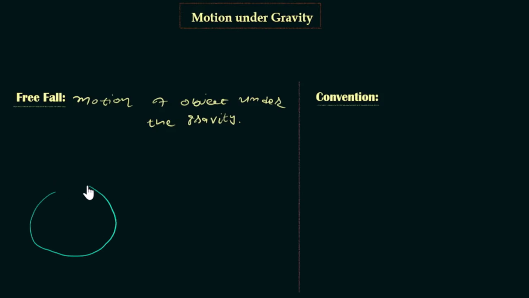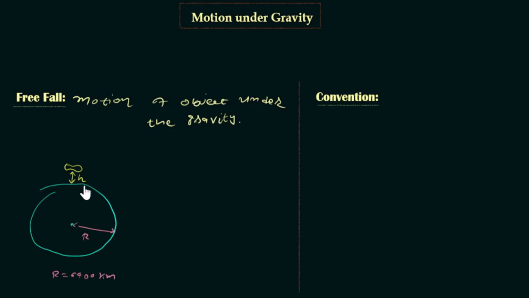Basically, we live on the Earth. So suppose this is the Earth, and this part is the radius of the Earth. The radius of the Earth is 6400 kilometers. Now let us consider one object over here.